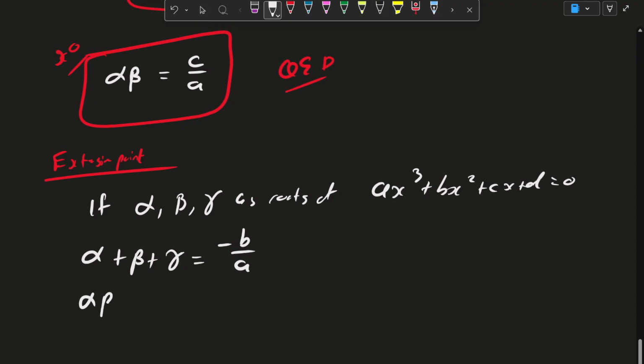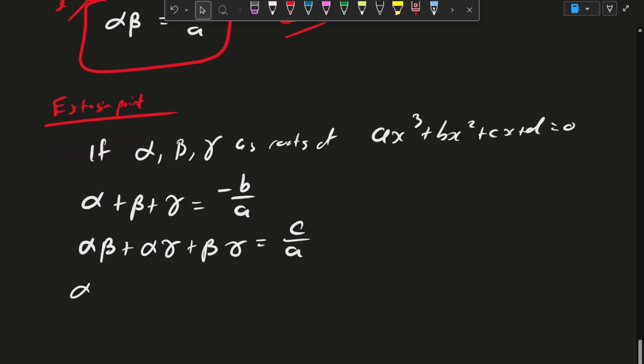The sum of the pairs, alpha beta plus alpha gamma plus beta gamma, is c divided by a. And then alpha beta gamma is negative d divided by a. So it actually does generalize even to powers of 4. But of course, I'm not going to write that, and I will leave it to you, the viewer, to verify that this pattern roughly follows for higher order polynomials.